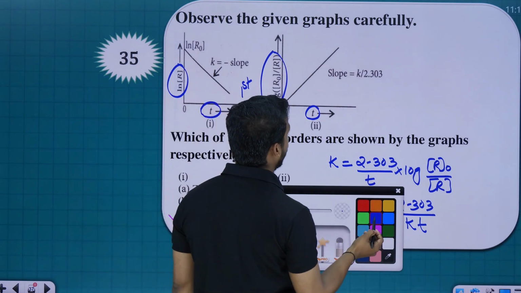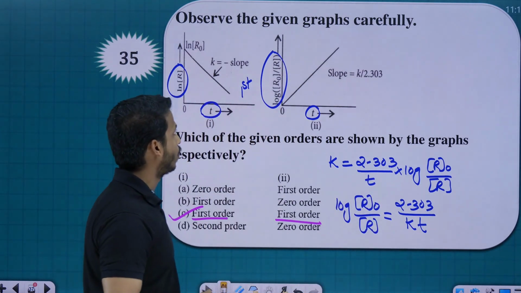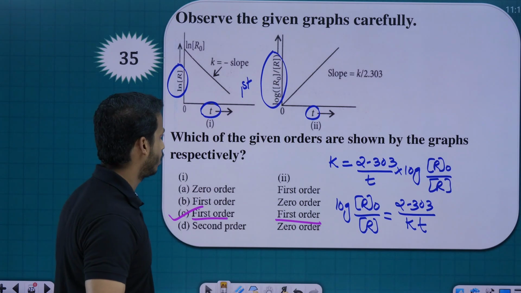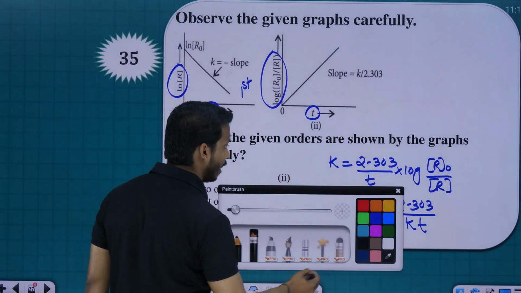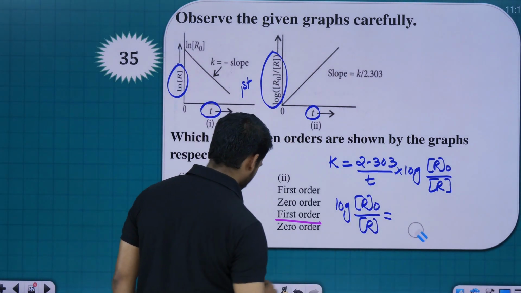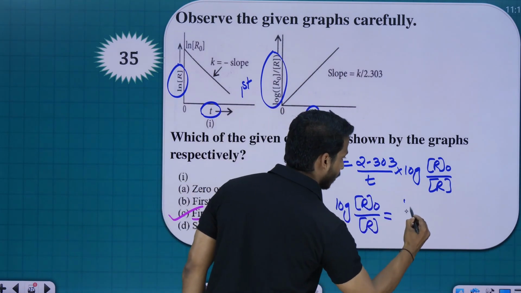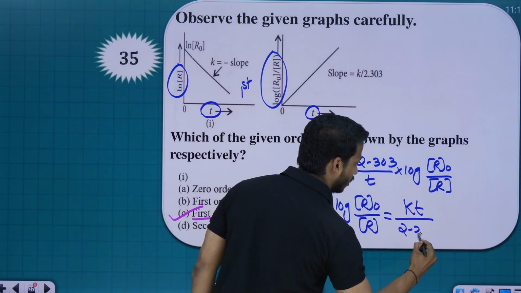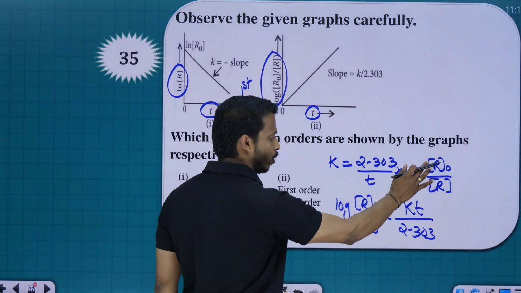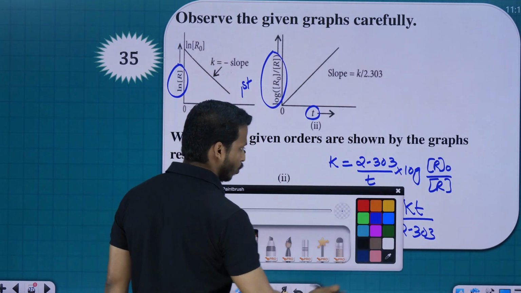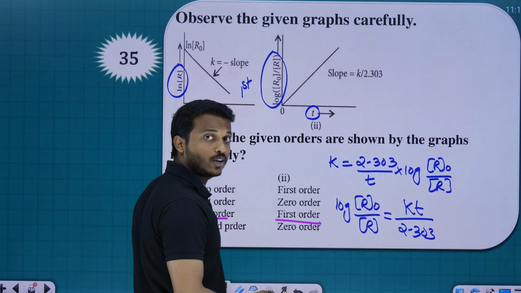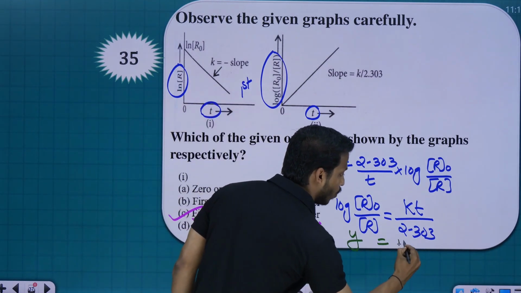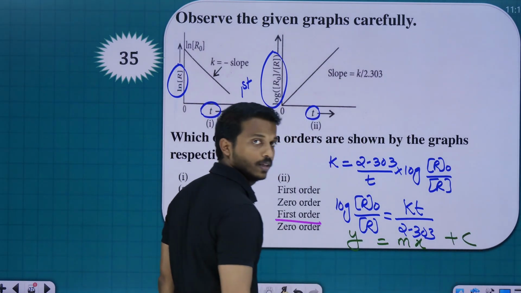So if you plot it, it will be kt divided by 2.303, right? So if you keep log R naught by R here, it is kt divided by 2.303. So it is in the format of a straight line, y equal to mx plus c. What is c?